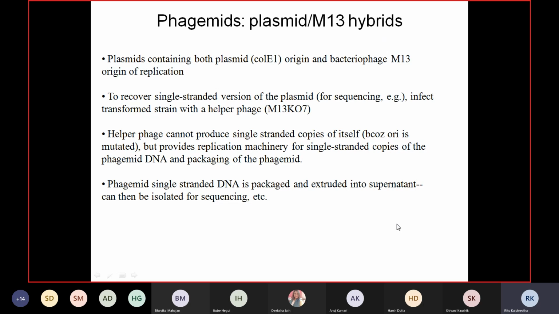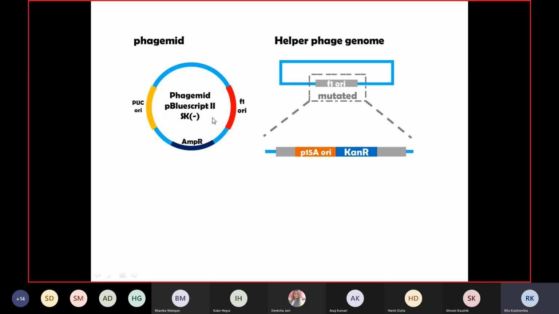So what they did was that in the plasmid, these commercially available plasmids, which have ORI, ampicillin, and maybe an MCS region or a screening marker, etc., they introduced an F1 origin of replication, which was for the M13 phage.